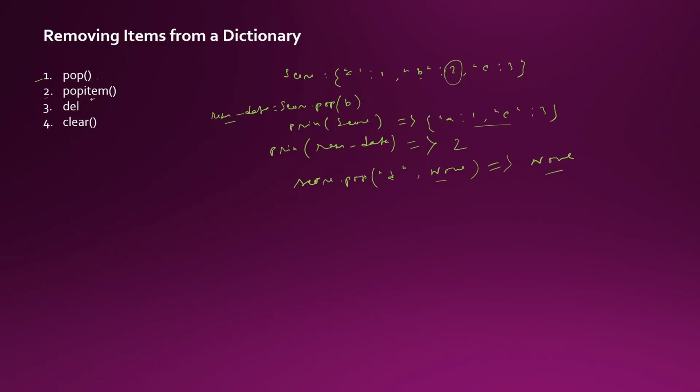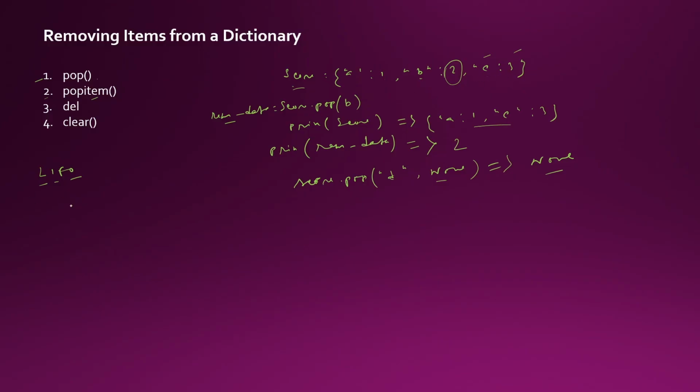Next is popitem. Popitem is a LIFO method. If you know LIFO, that is last in, first out. Suppose this dictionary has been created: score, A equal to 1, B 2, C 3. So C is the last item that has been inserted in my dictionary.